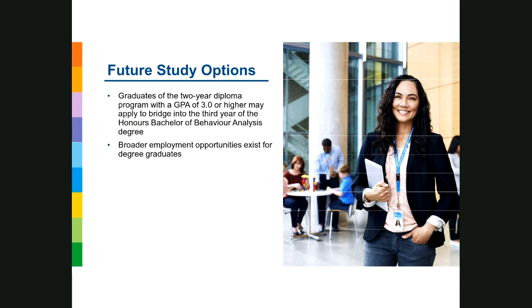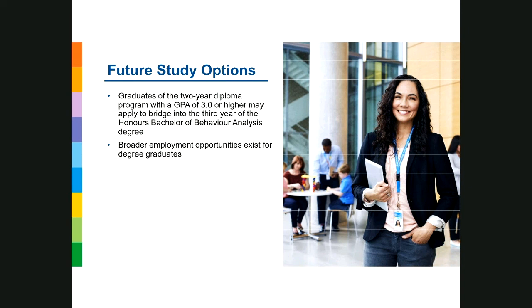In terms of future study, within George Brown College, we've actually started a Bachelor's of Behavior Analysis honors degree. So people don't always think about colleges as having degrees. We do have one. Once you are done the 2-year diploma, if you have a GPA of 3 or higher, we do have a bridge.